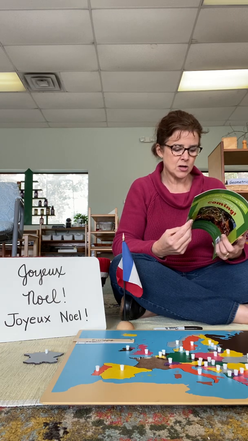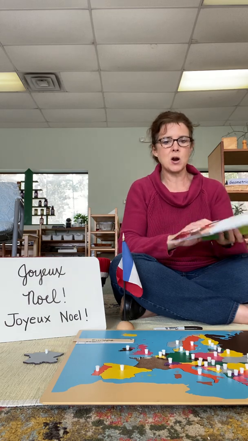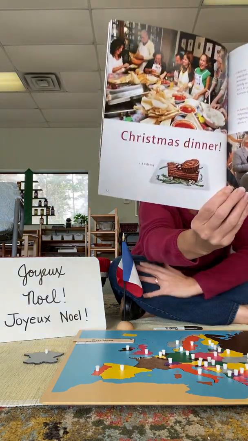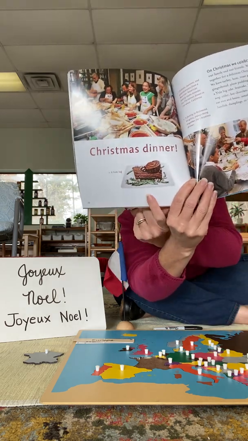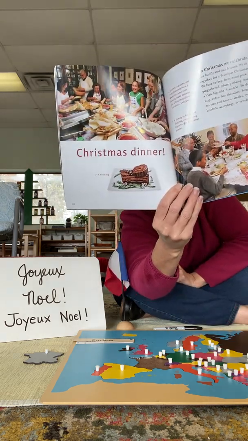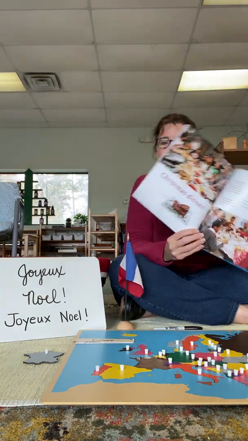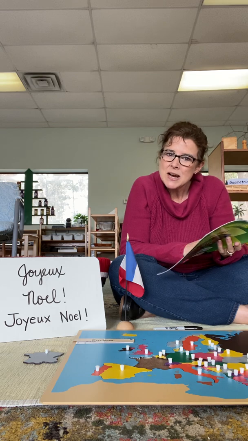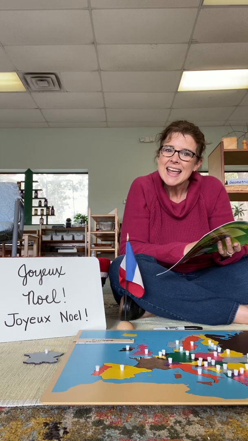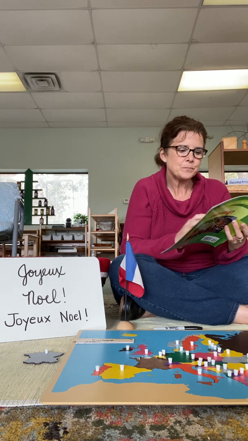Mrs. Gainey is sorry, I lost my place mark there, of a yummy Yule log. It's right here on the bottom. It is a chocolate cake that children and families enjoy in celebration of Christmas in France.